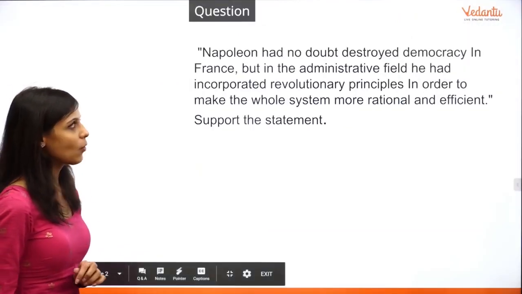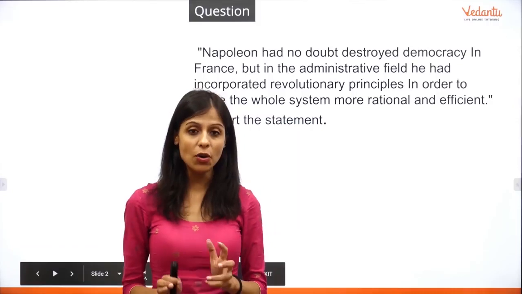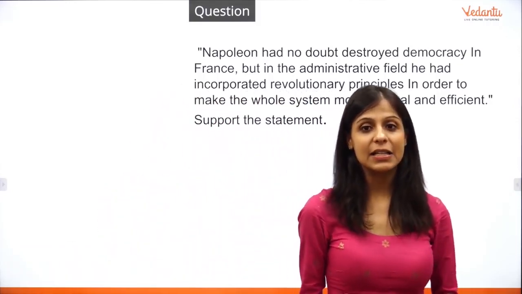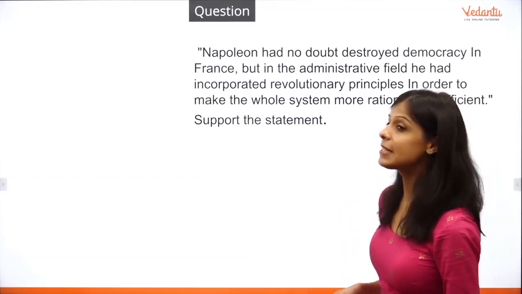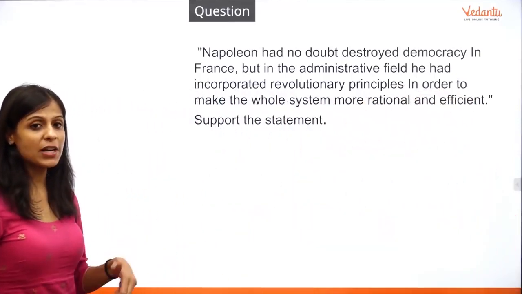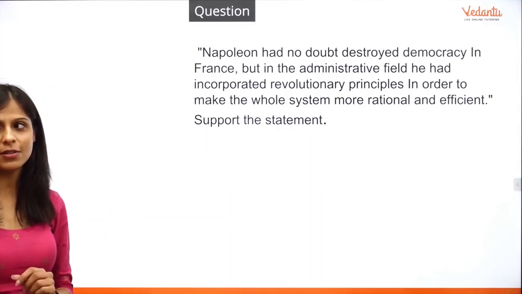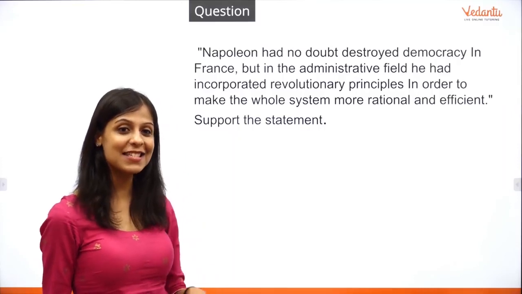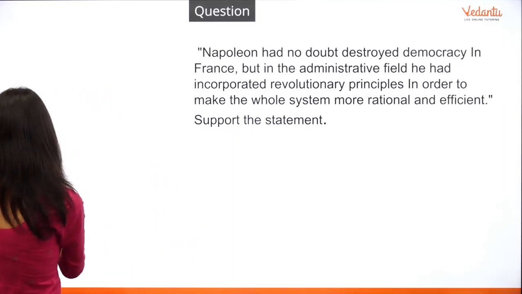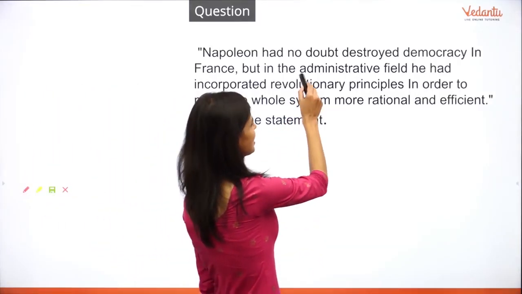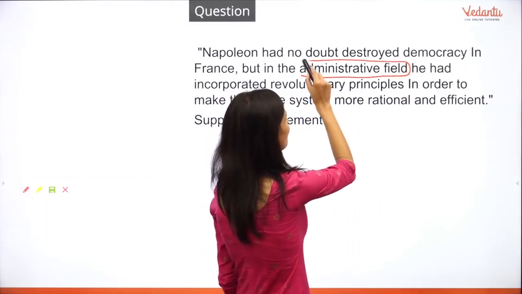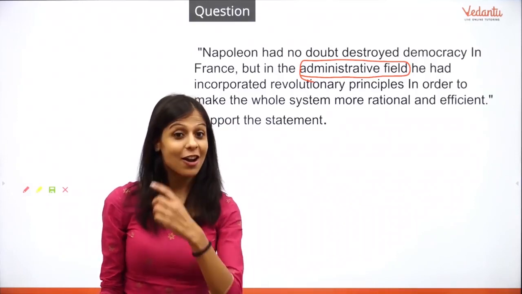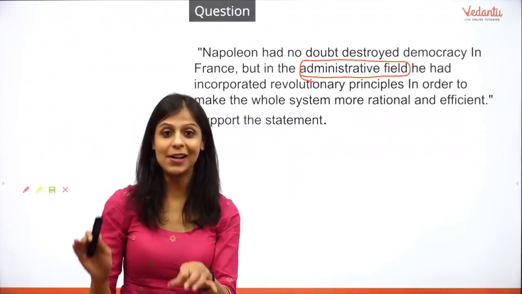So the very first question is: Napoleon had no doubt destroyed democracy in France, but in the administrative field he had incorporated revolutionary principles. Now the point you are supposed to focus on in this case is the administrative field. No doubt this person had done a lot of destruction, created a lot of terror, destroyed democracies around the world.